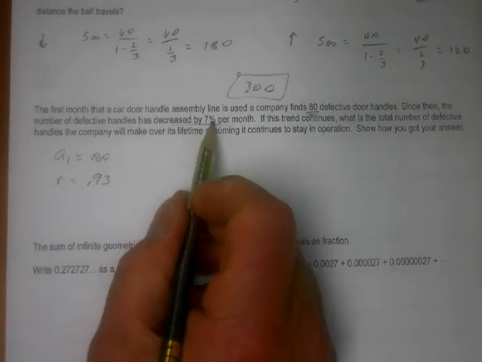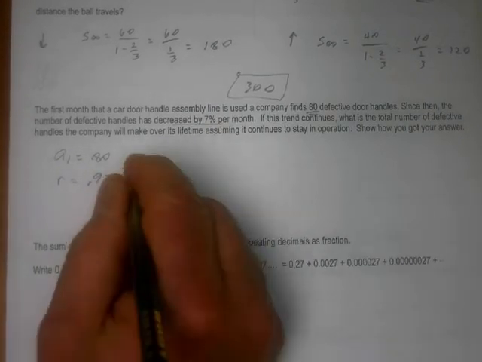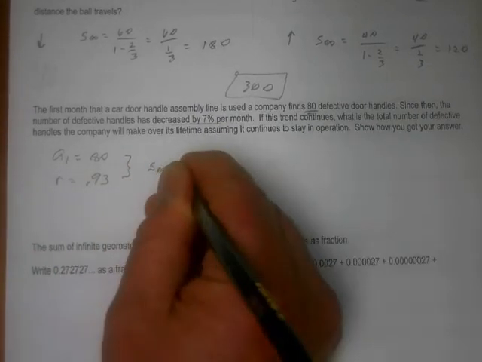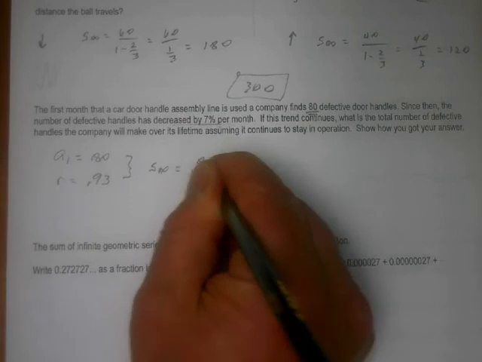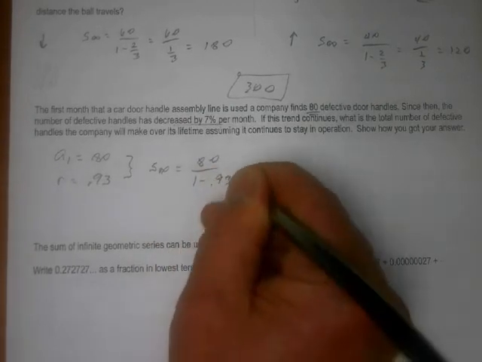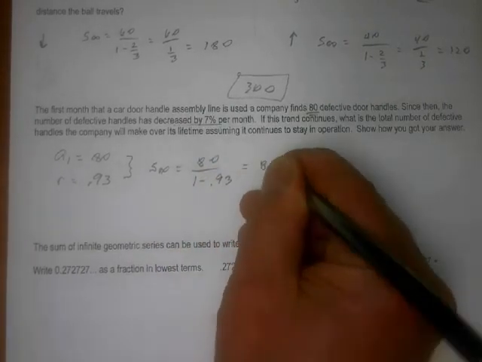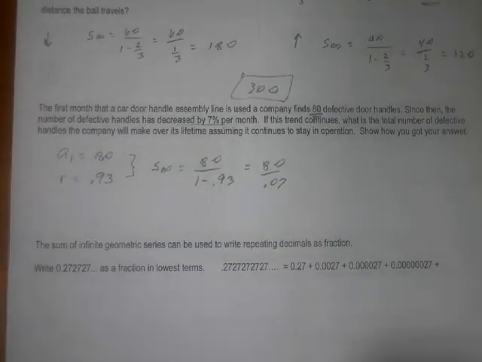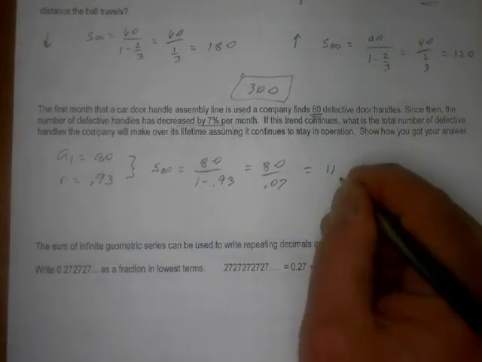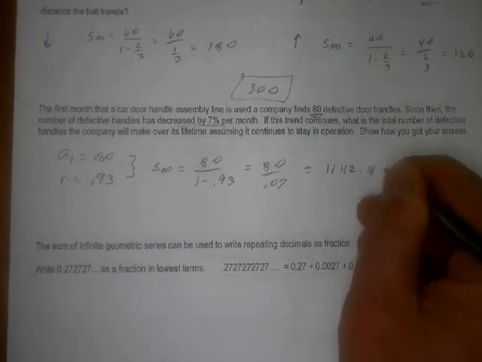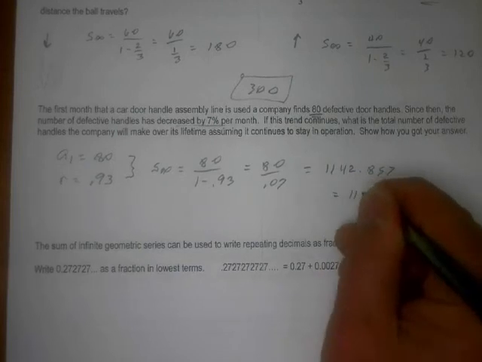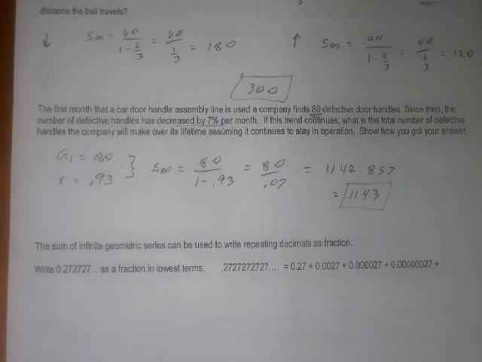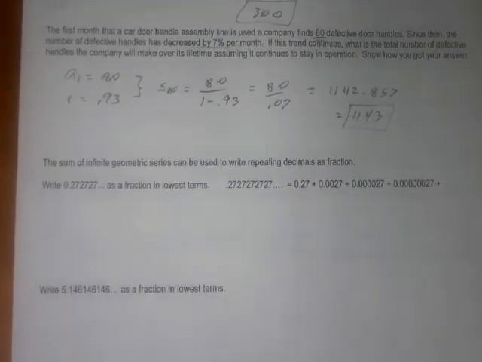It's decreased by 7% per month, which is the same thing as 0.93. This is like taking 1 minus 0.07 to get 0.93. From there, we can use the sum of an infinite geometric series equation. So it's 80 divided by 0.07, which is 1,142.857. So what we're going to say is 1,143 door handles over its lifetime.